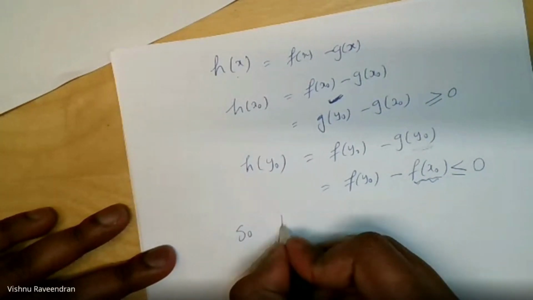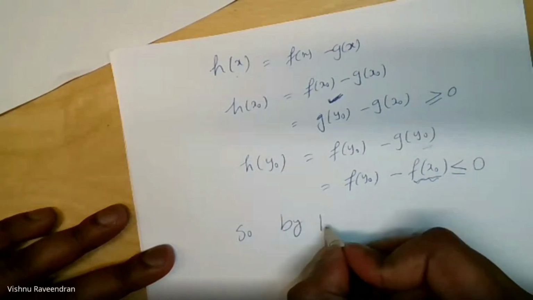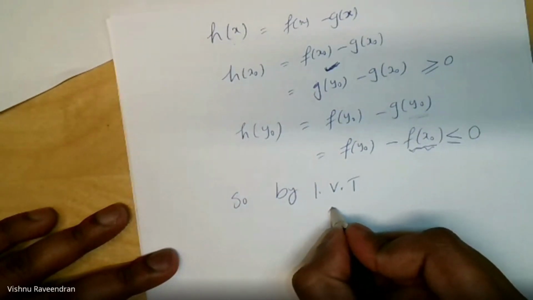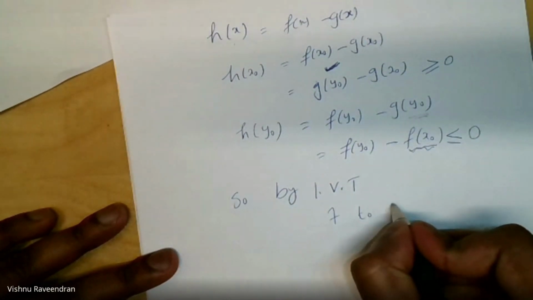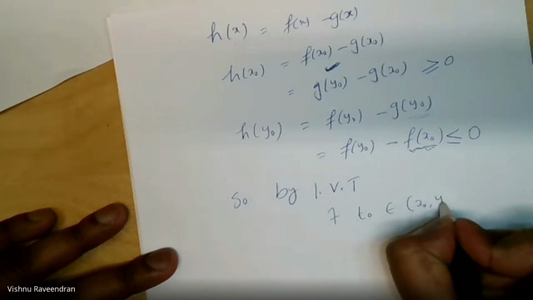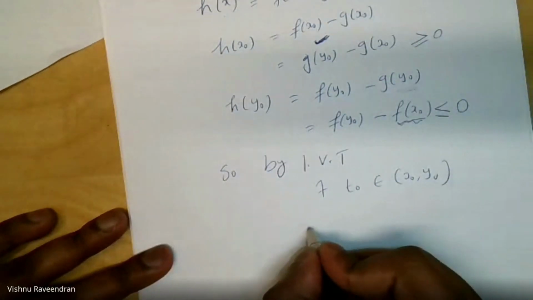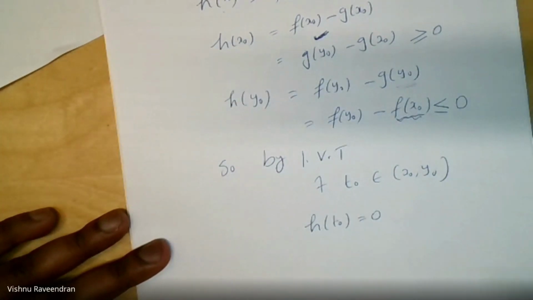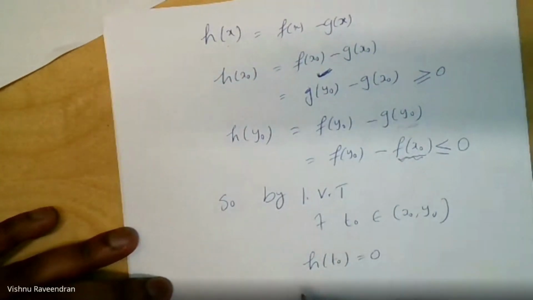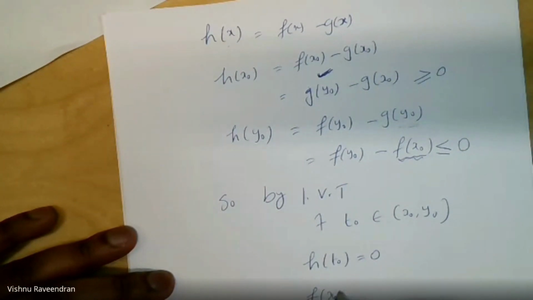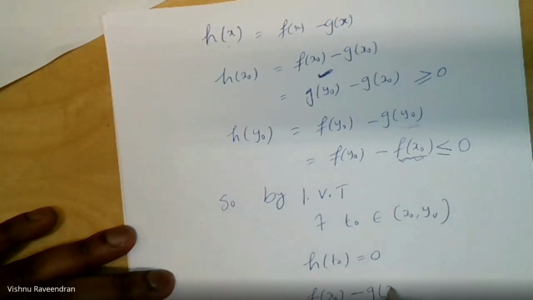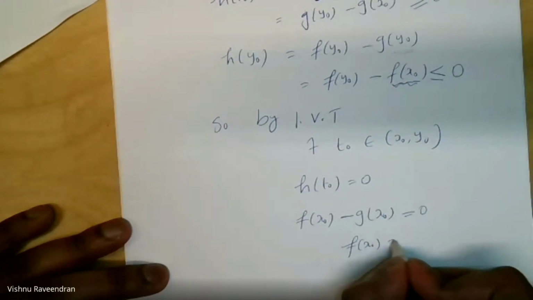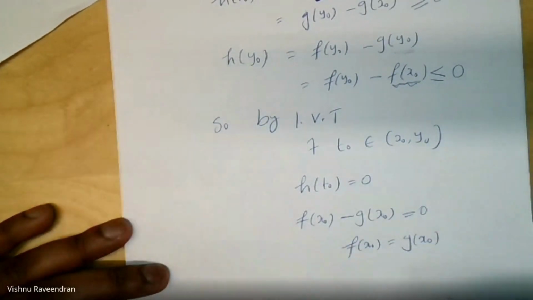So by the intermediate value theorem, there exists a t naught between x naught and y naught such that h of t naught equals 0, right? So what is it saying? It means f of t naught minus g of t naught is equal to 0, or f of t naught equals g of t naught.